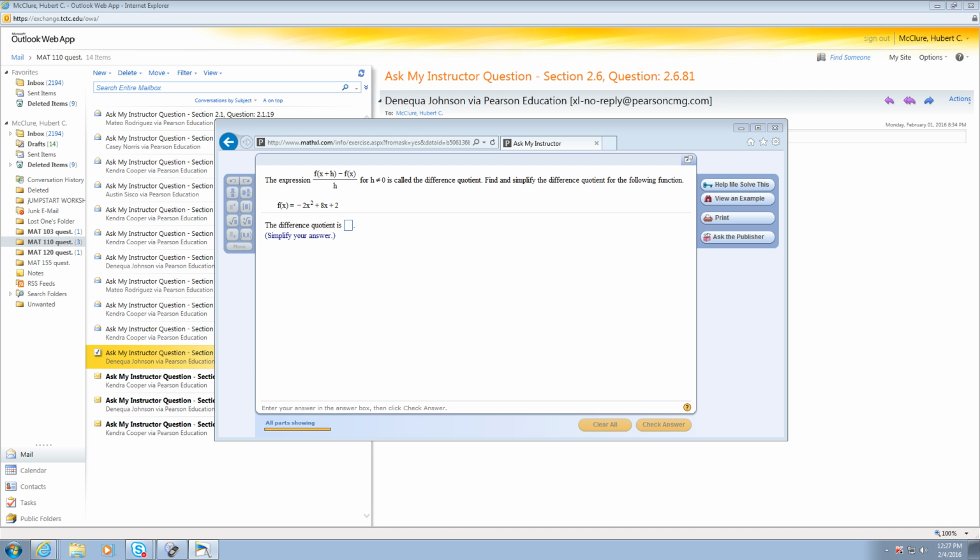And then minus f of x. F of x is -2x squared plus 8x plus 2.